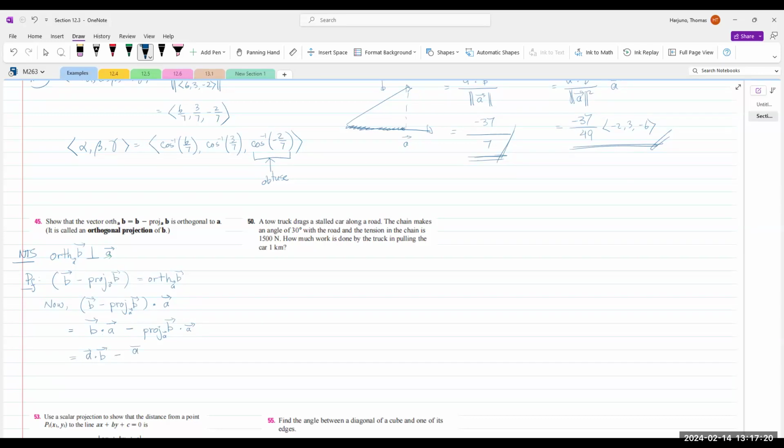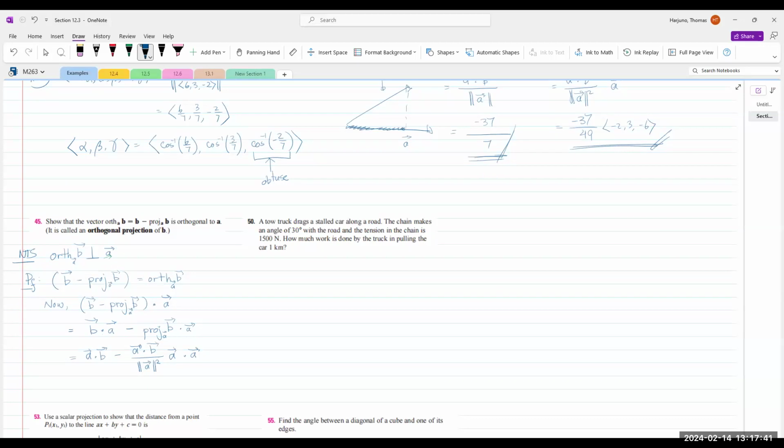That's A dot B over the magnitude of A squared, times vector A dot A. But what is A dot A?